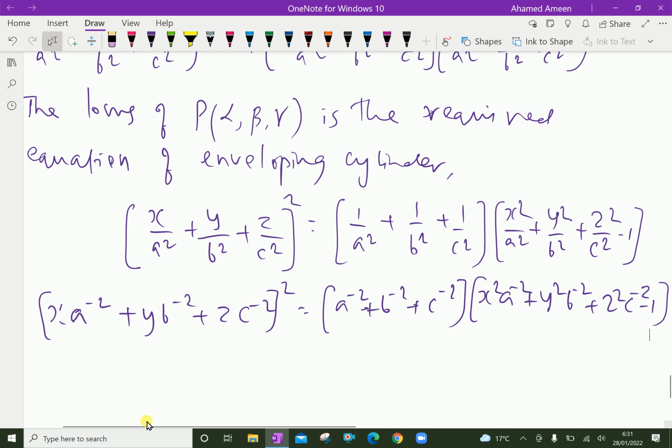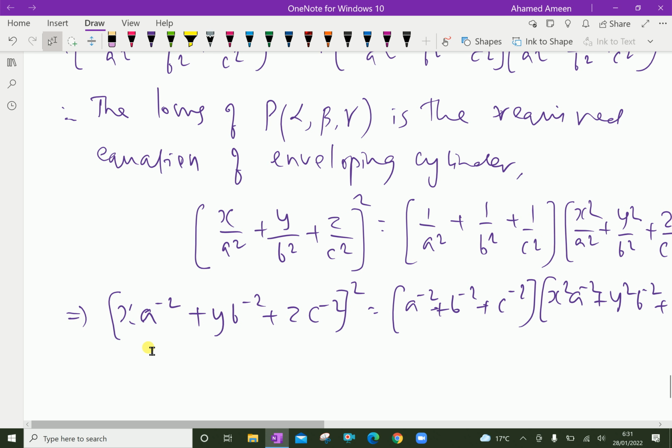This is the equation of the enveloping cylinder to the given ellipsoid. So this is the equation we have found.